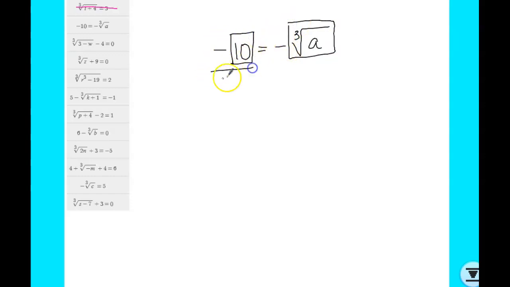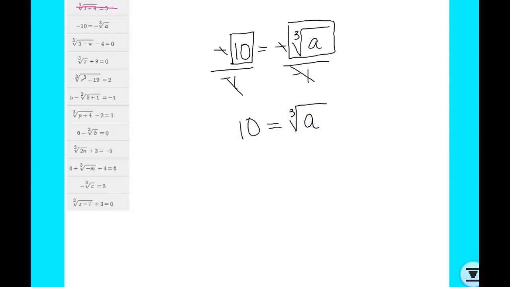All right, the next one we did in class, but I think it's worth going over again. We always want to make sure that this part right here has to be equal to this part right here, because those two negatives, really what we're going to do is divide both of these by -1, so those negatives are going to cancel out. So we get 10 is equal to the cube root of a.